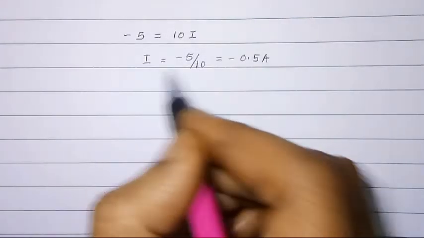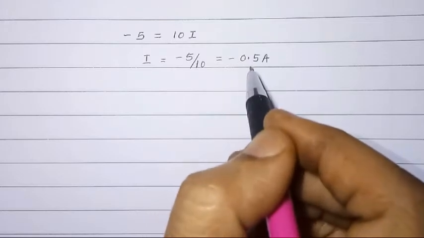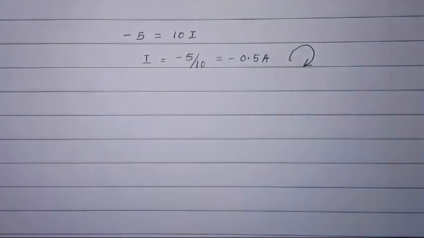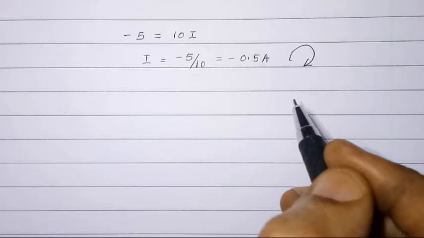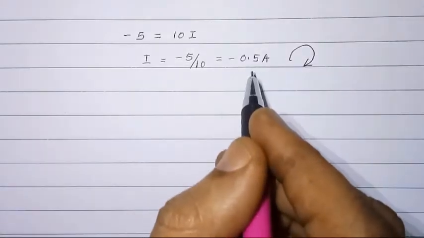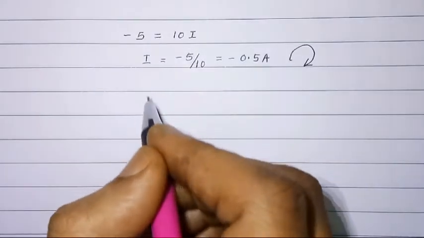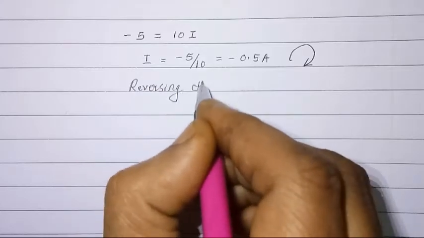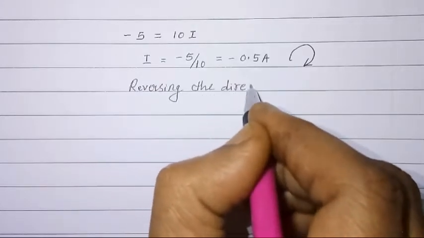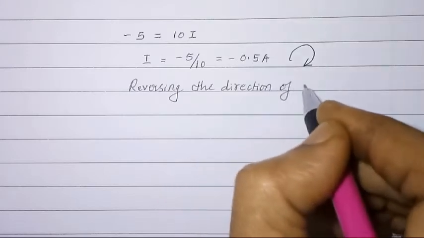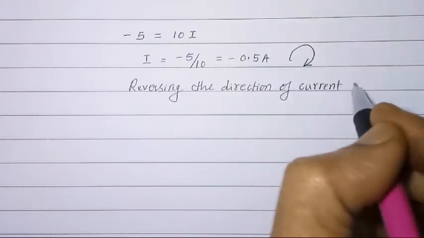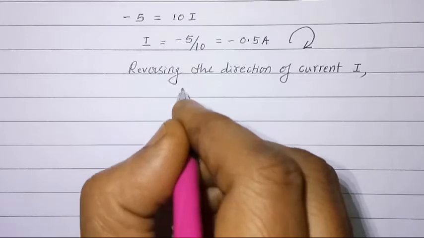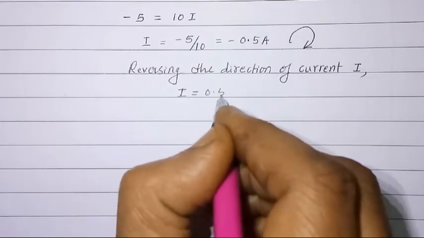The minus sign with I tells us that the direction of current that we have assumed, that is clockwise, is not correct. So we have to reverse the direction of current I here. Reversing the direction of current I will become 0.5 ampere.